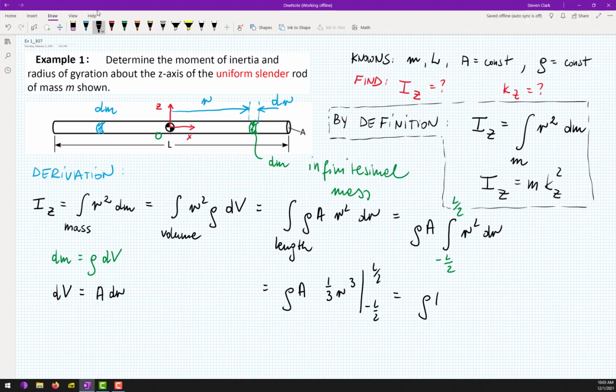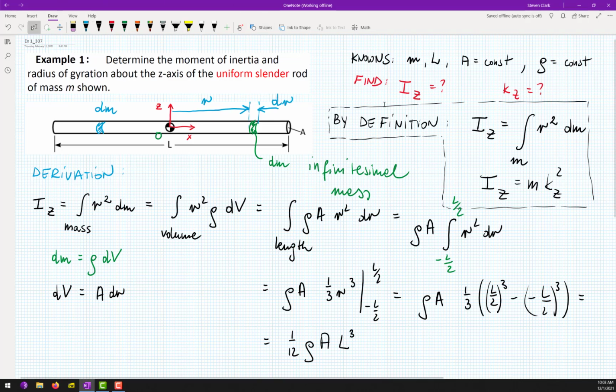And this is equal to rho a 1/3 of L half cubed minus L half cubed. So this will be 1/12 rho a L cubed, right?